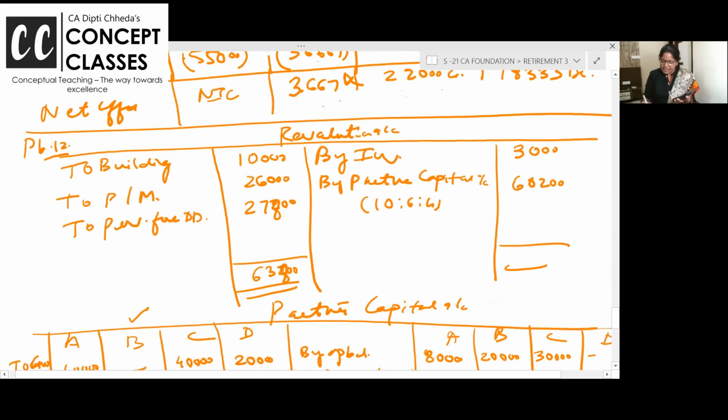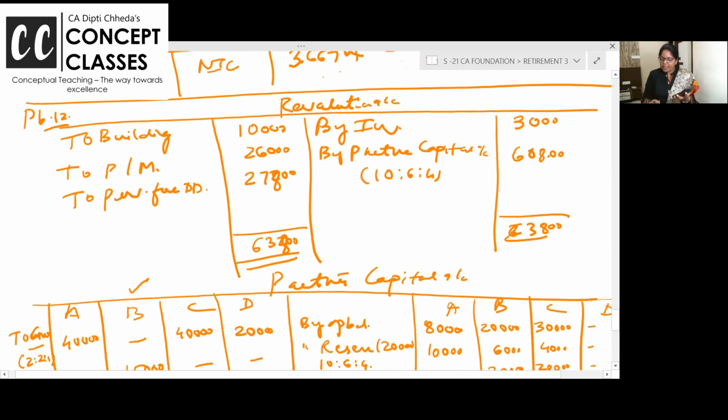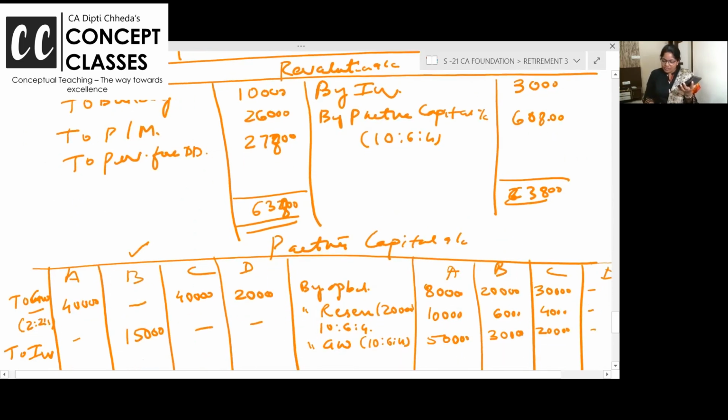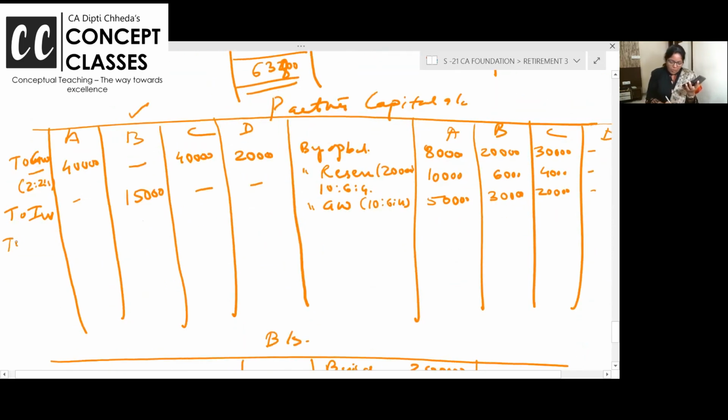Yes. I'll correct it. So this will be 60,800. Are you all getting or not? Revaluation loss. Give it to old partners, old ratio.